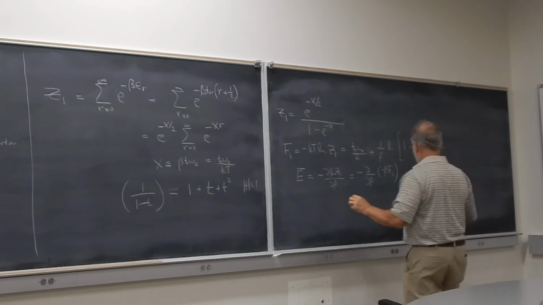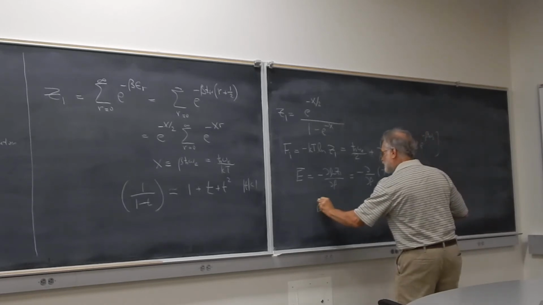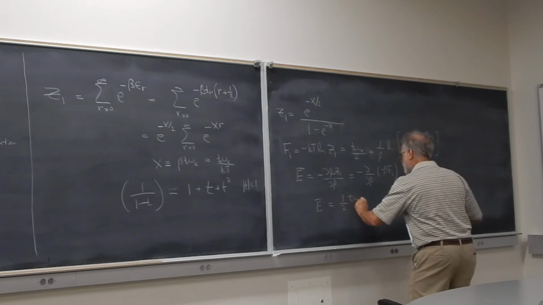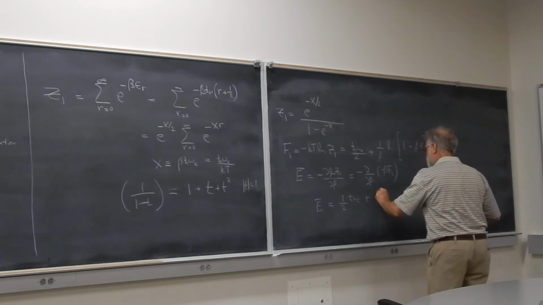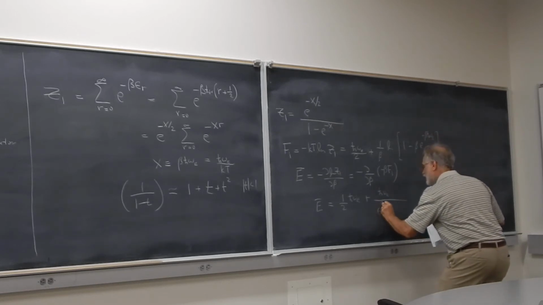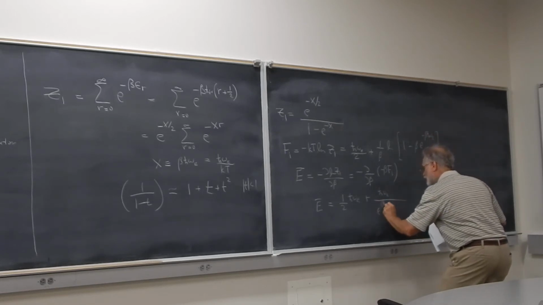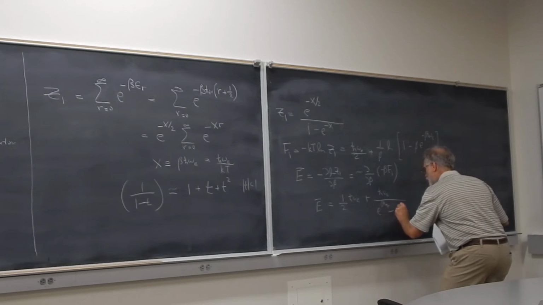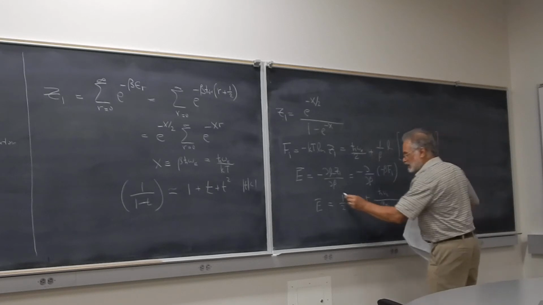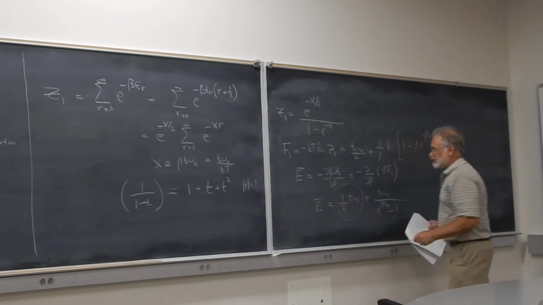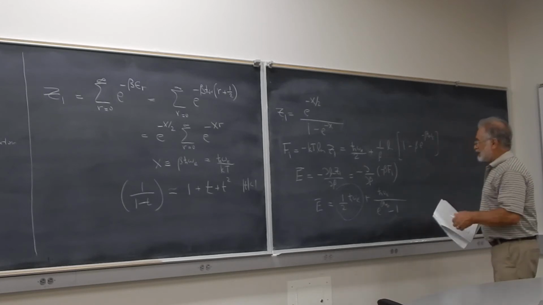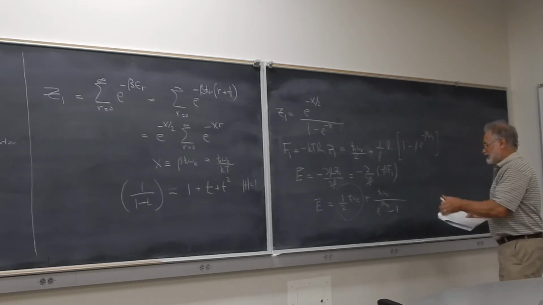Put that all together, I can write then my mean energy as 1/2 h bar omega sub e plus h bar omega sub e divided by e to the beta h bar omega sub e minus 1. Recognize the first term in this expression is the zero point energy of the oscillator. That means it's going to have this energy even down to T equals 0.